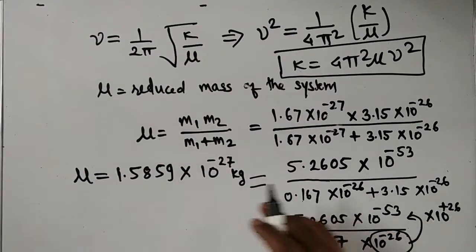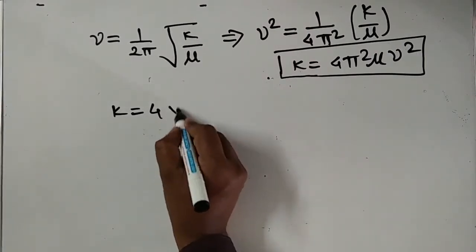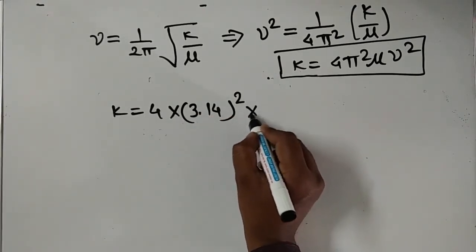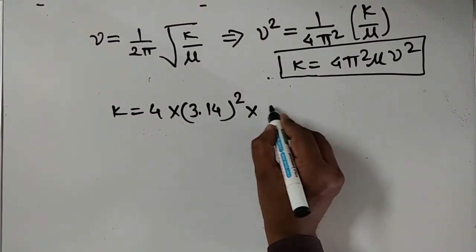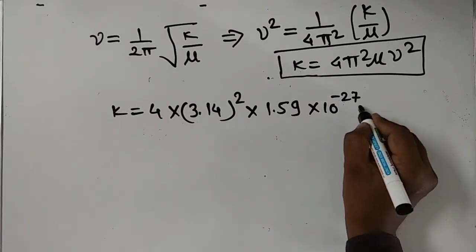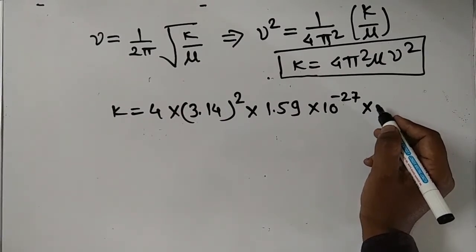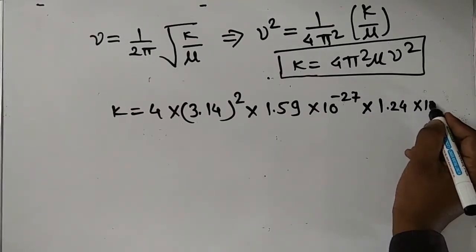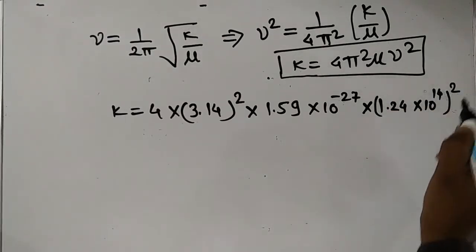Now let us calculate the value of k. So k is equal to 4 into the value of pi, 3.14 squared, into mu, the reduced mass that we have calculated, which is 1.59 into 10 raised to minus 27 kilogram, into the vibrational frequency nu, which is given, and that is 1.24 into 10 raised to 14, bracket squared, right.